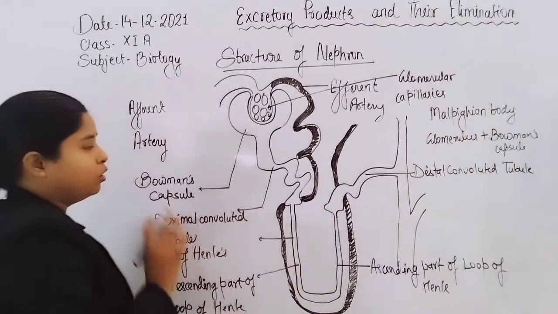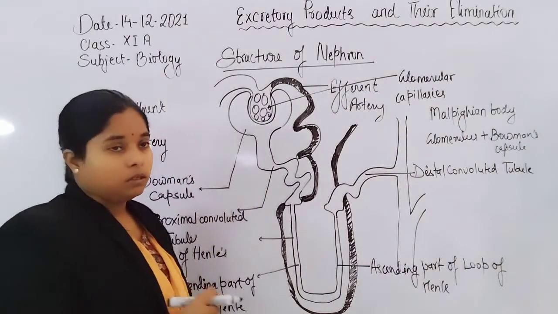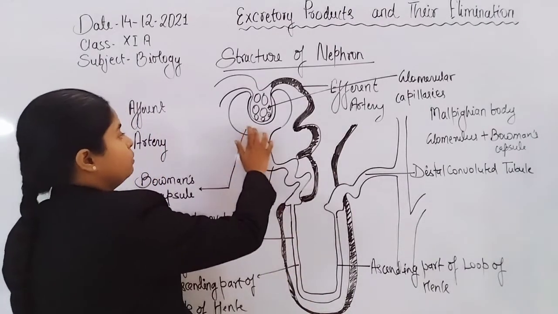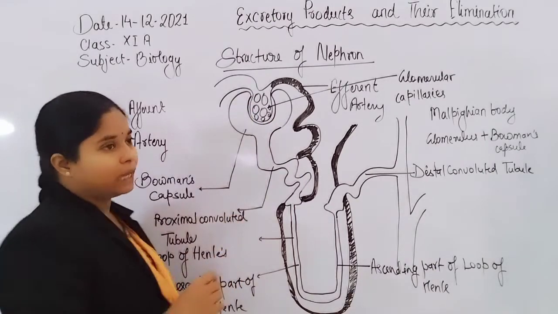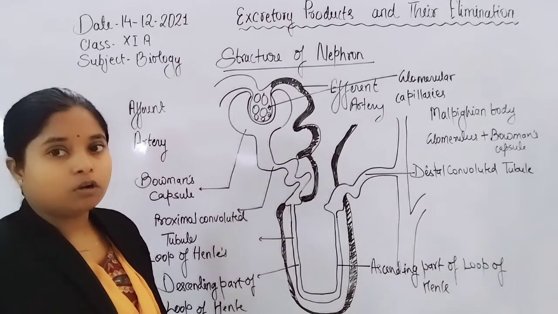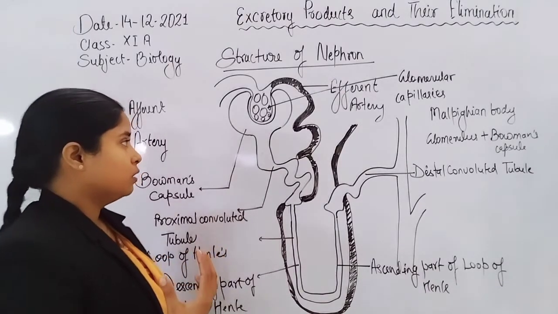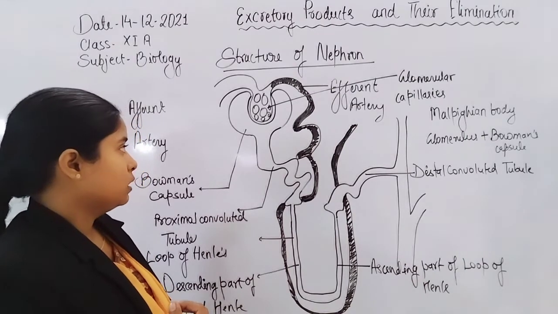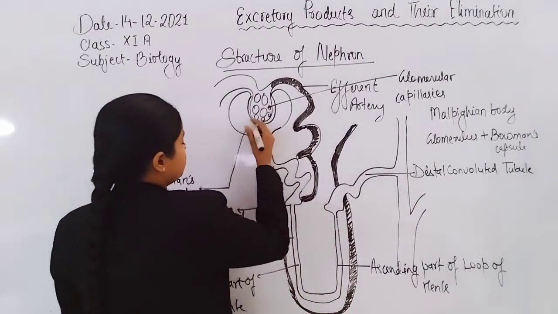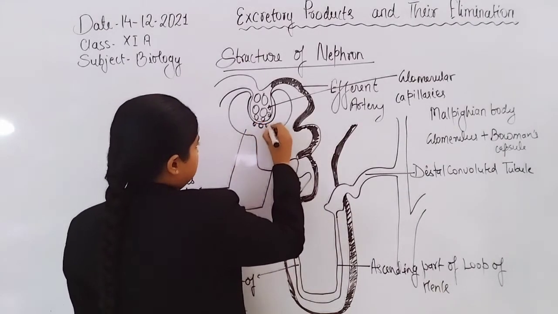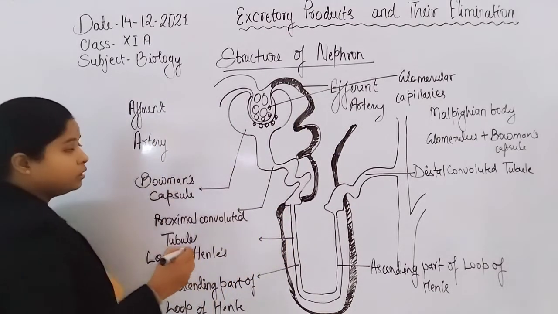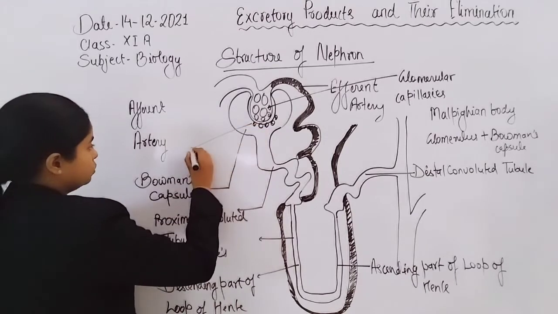First, all the nutrients, the content of plasma except protein, drain from the glomerular capillaries through the podocyte cells, which are present in the epithelial membrane of the nephron.